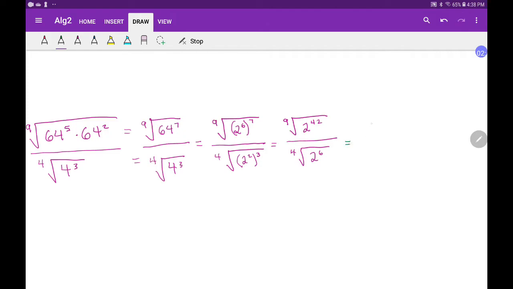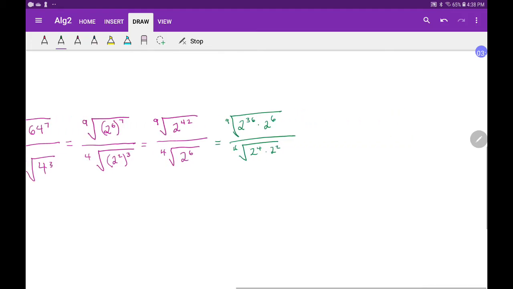So that means I can say 2 to the 36 times 2 to the sixth, and this is the ninth root. And then down here, I'm looking for groups of 4. So let me find a group of 4. I have 2 to the fourth times 2 to the 2.